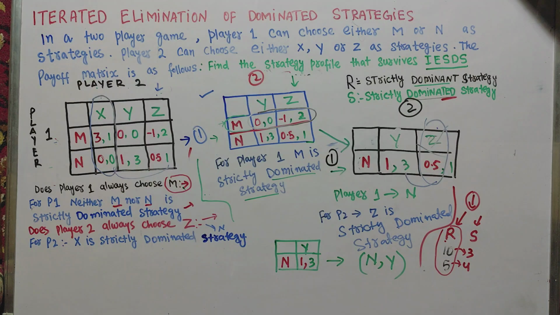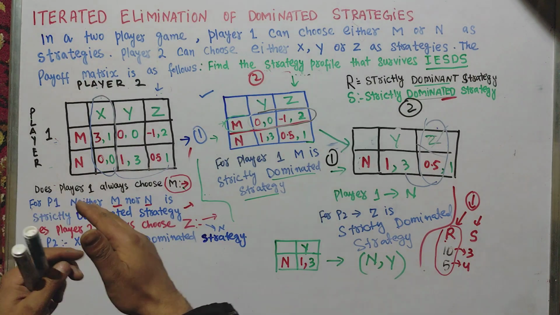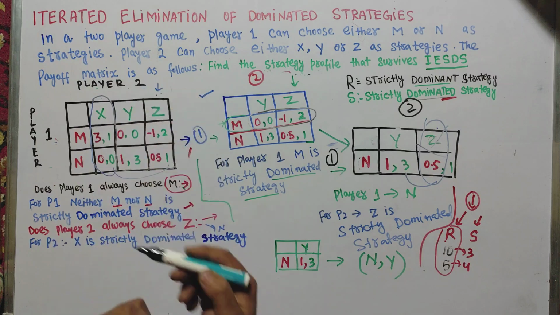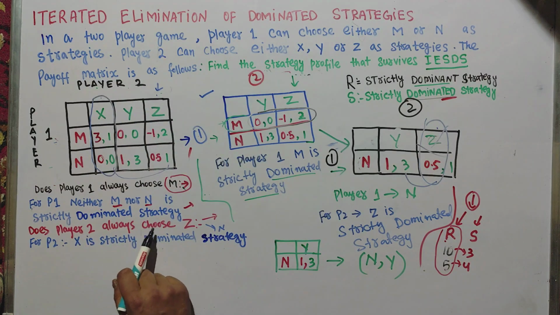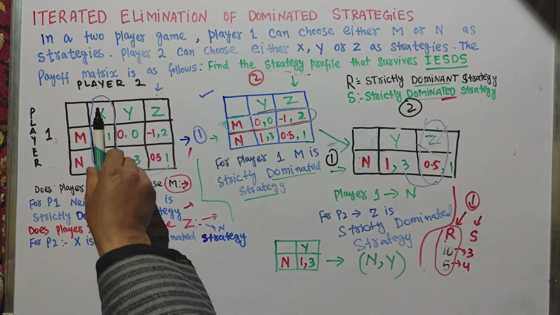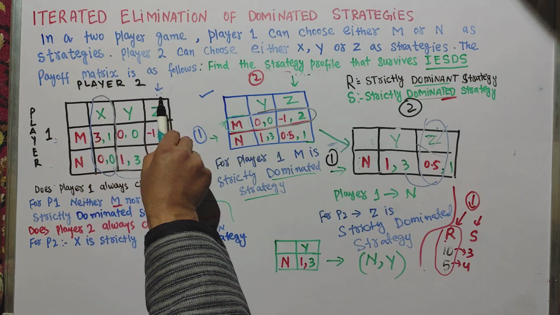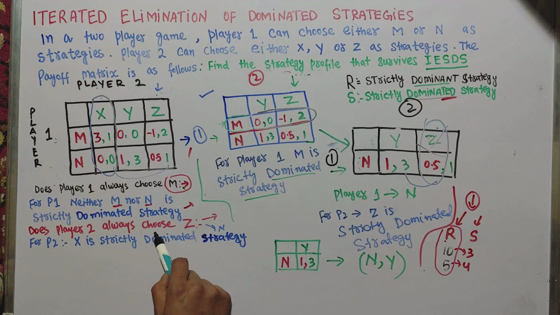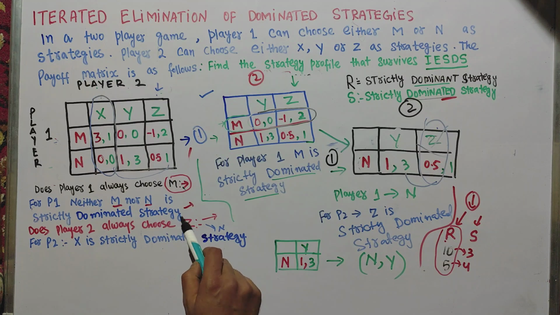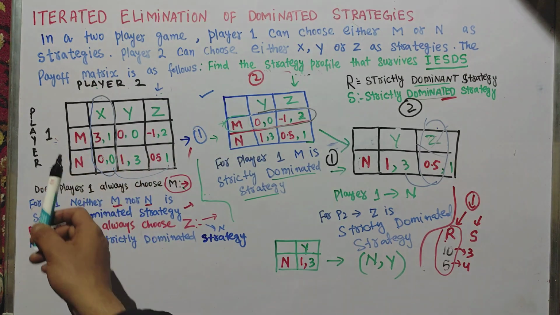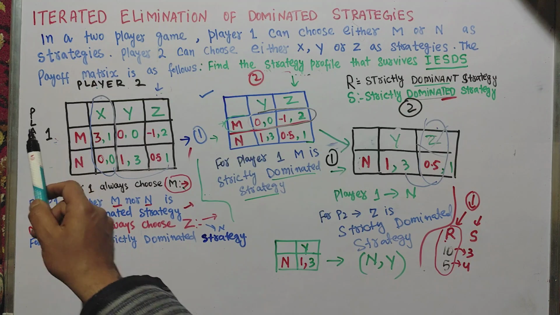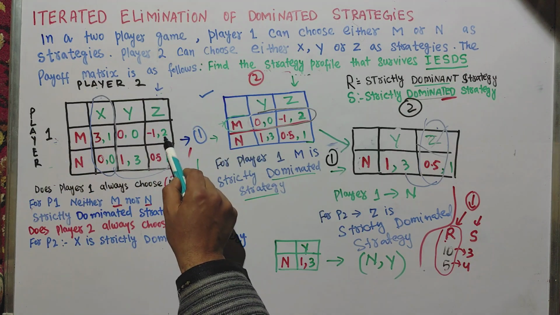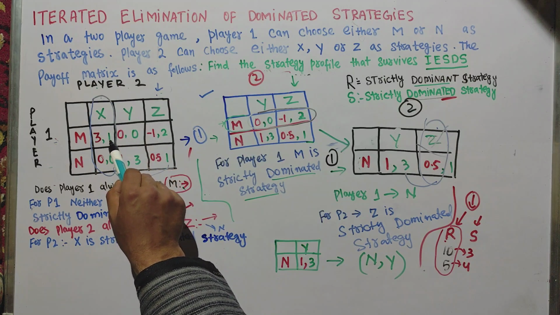Now we need to ask this question for player 2. We are comparing strategy X and strategy Z of player 2. Does player 2 always choose Z compared to X? Here you can see when player 1 chooses M, player 2 will always play Z because Z gives him 2 payoff, X gives him 1 payoff.